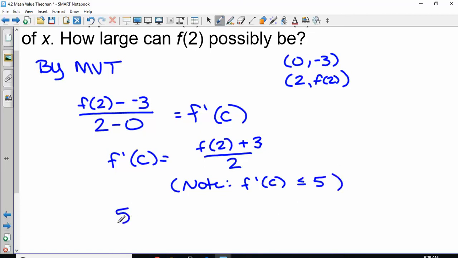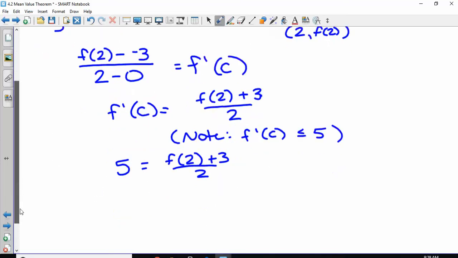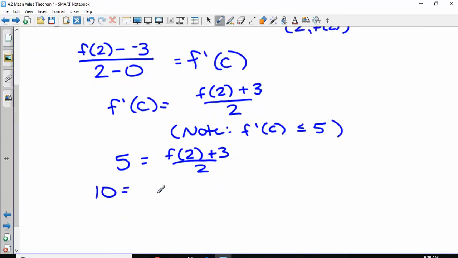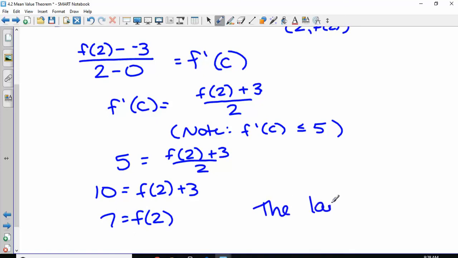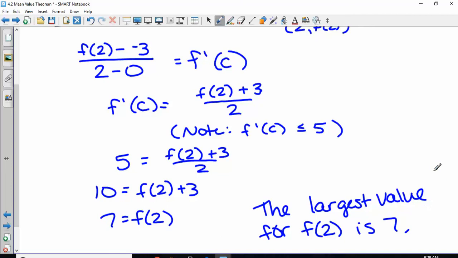So if I plugged in a 5, multiply over your 2, subtract your 3, so the largest value for f of 2 is 7.